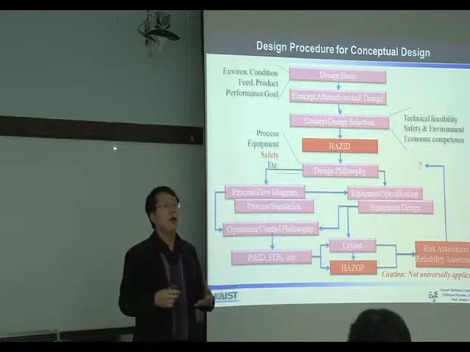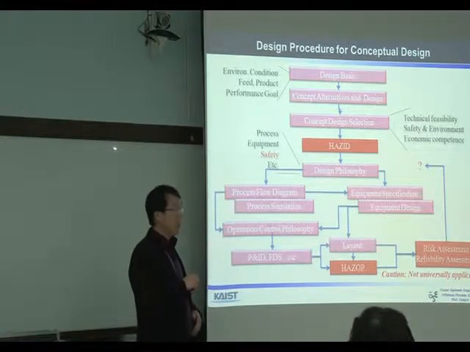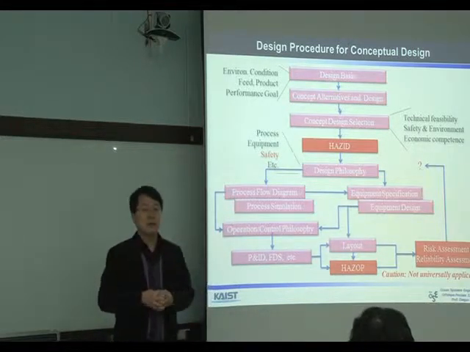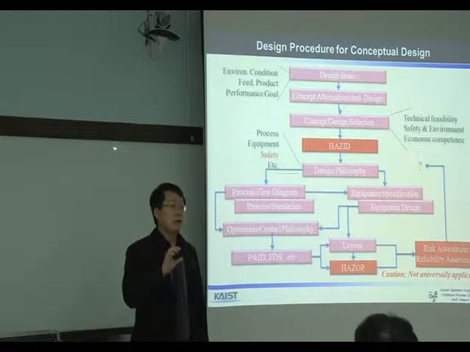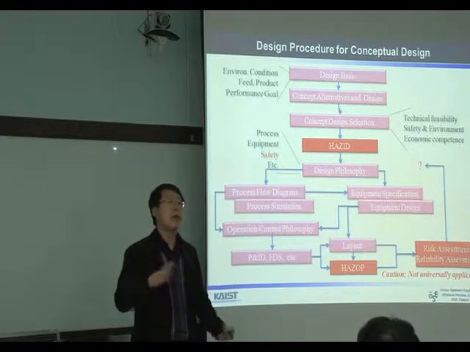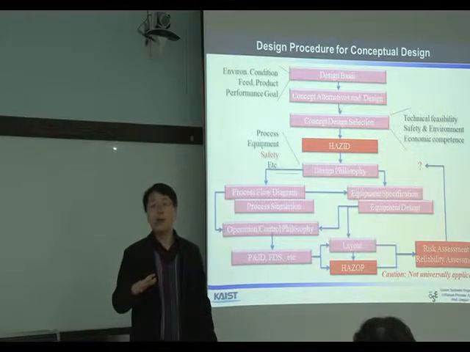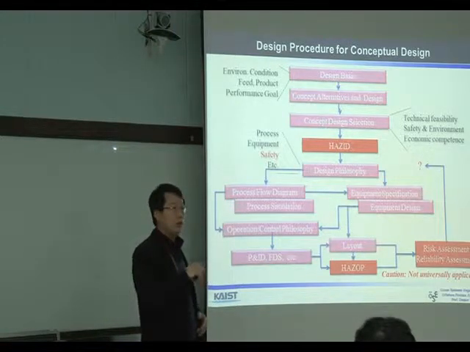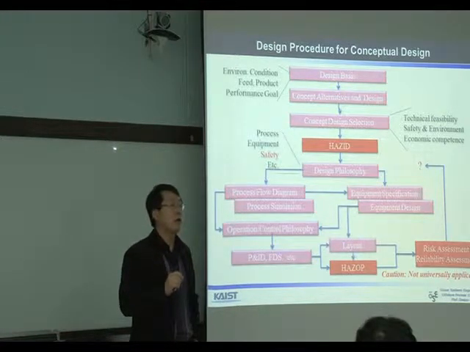For example, we can change the equipment specification or the process configuration. In many cases, the deviation is too big, and then we should substantially change the system backbone. That means we have a lot of things to do. So the early stage of the design is very important in designing a complicated system.